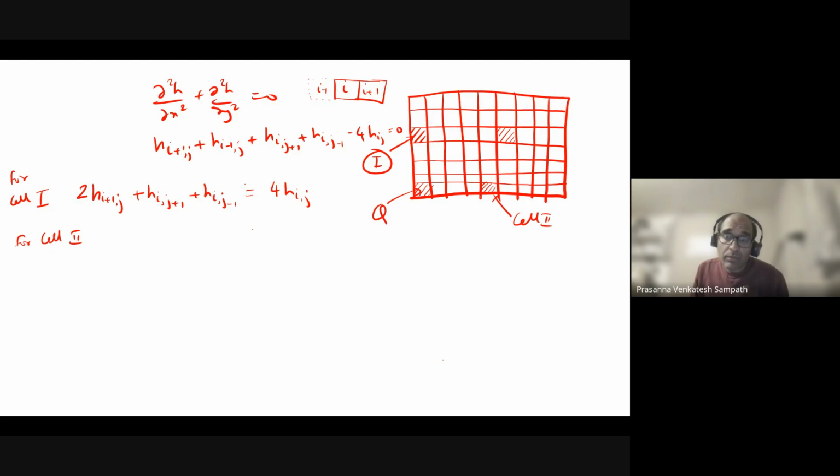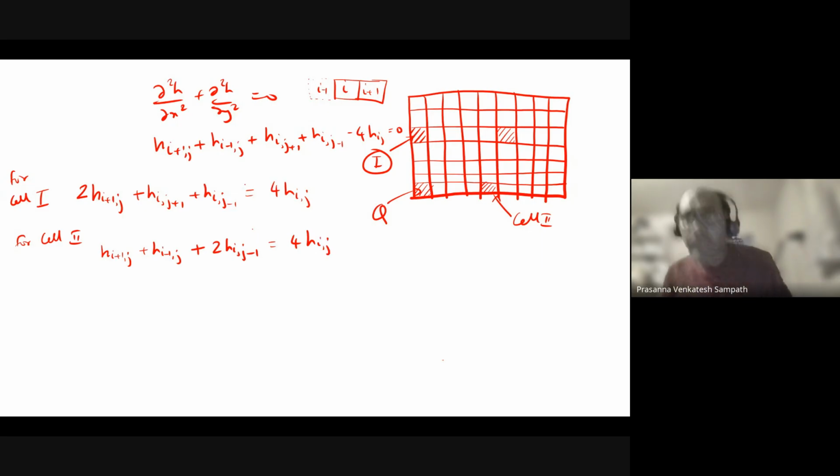There is no cell here. Now, cell in the j plus 1th row doesn't exist. So when I come to that, I will write it like this: H i plus 1 comma j plus H i minus 1 comma j. Now these two exist. i plus 1 and i minus 1 exist. No problem. Plus 2 times H i comma j minus 1 equal to 4 times H i comma j. Is that all right?